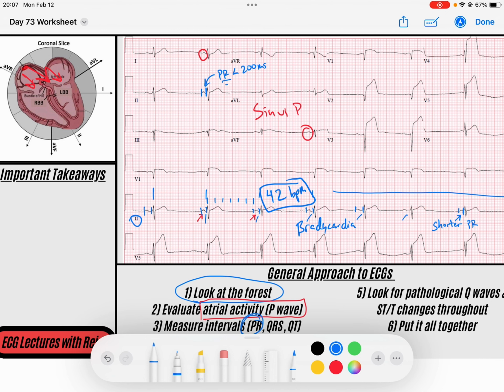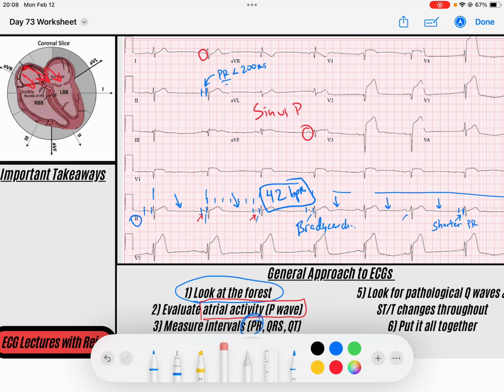But we don't see any P waves that are occurring without a QRS, so it's not like we have a bunch of P waves that are not conducting. It seems like there is some dissociation between the atria and the ventricles, right? Because we should see an AV node that is conducting in the same fashion.